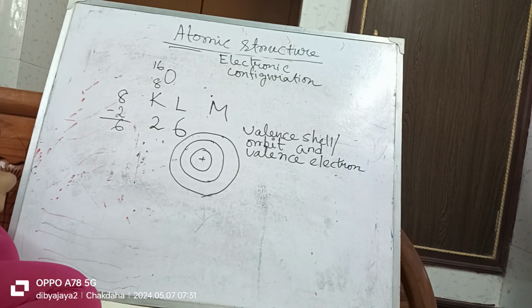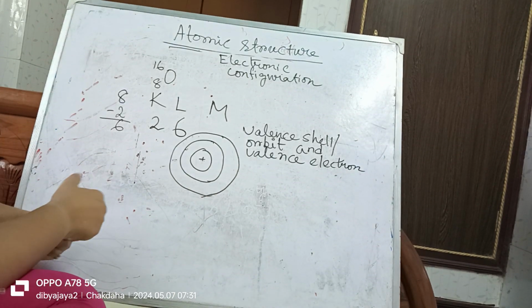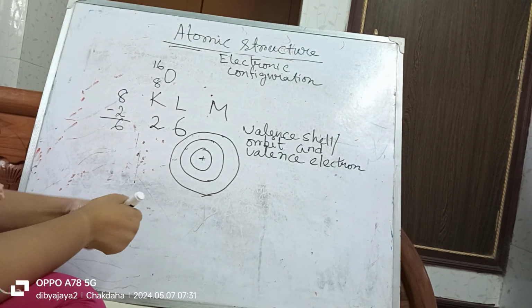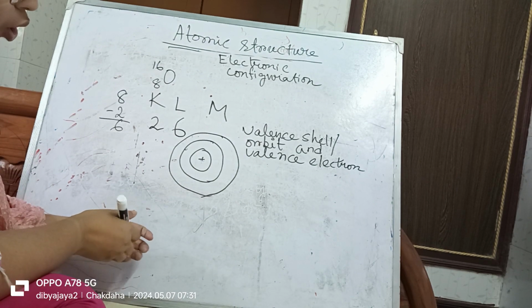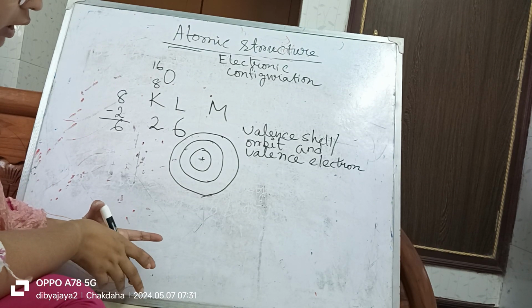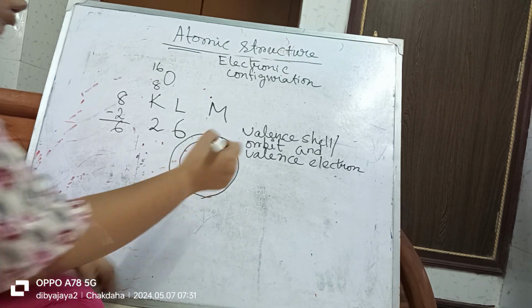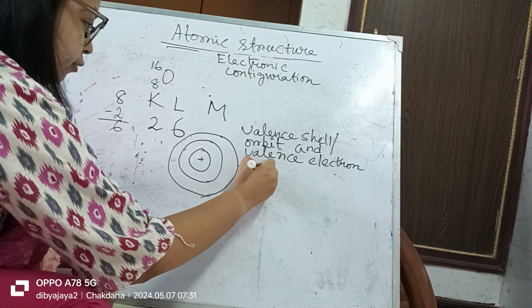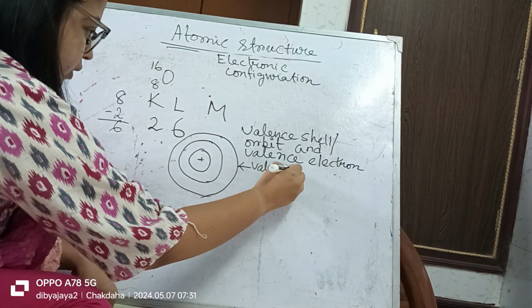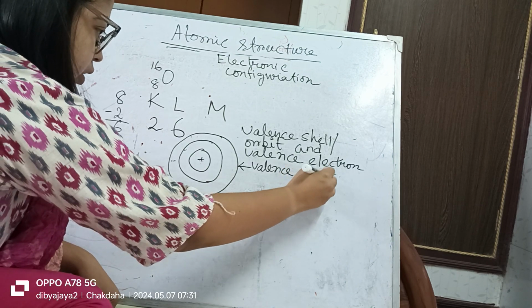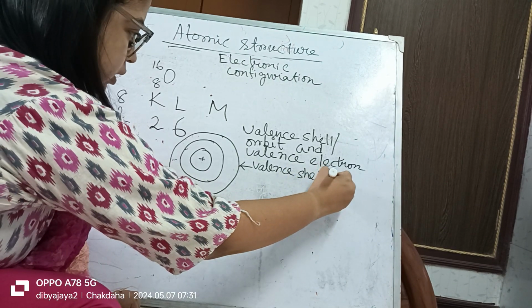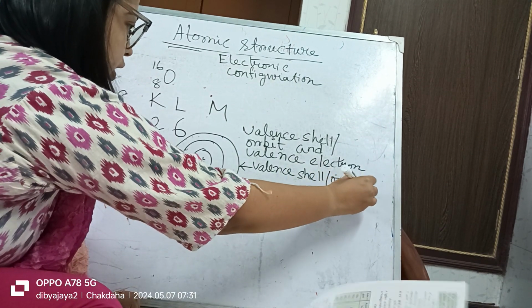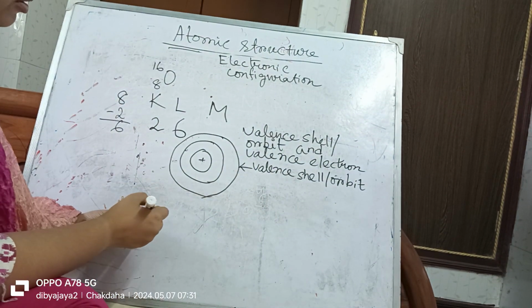In any element or in any atom, which one is the last orbit? We call it the valence shell or valence orbit.